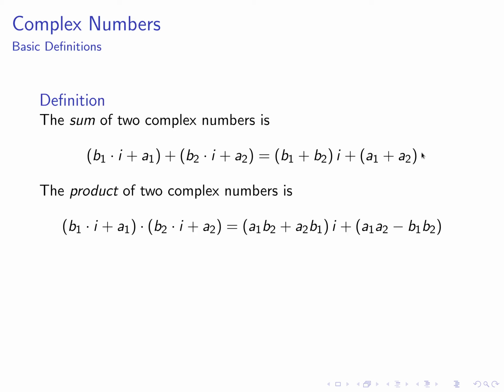The product of two complex numbers has a more complicated formula, but the formula is derived from the ordinary product of the addition of two numbers.